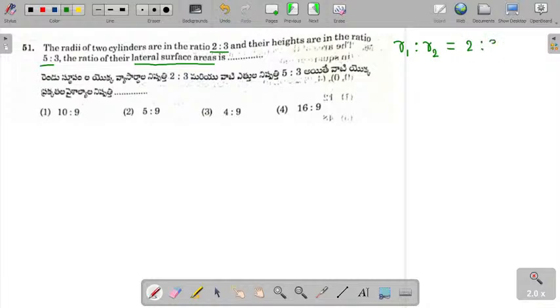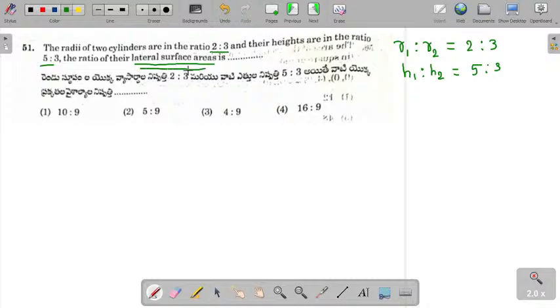And their heights are in the ratio 5:3, so H1 is to H2 equals 5:3.